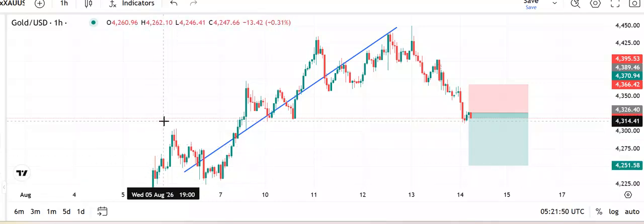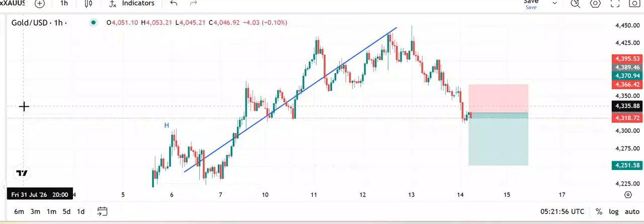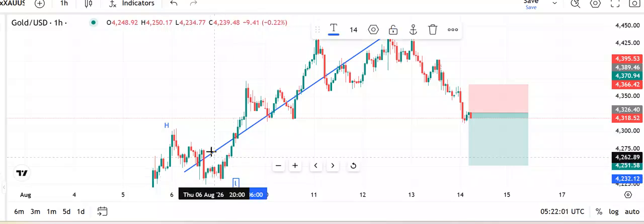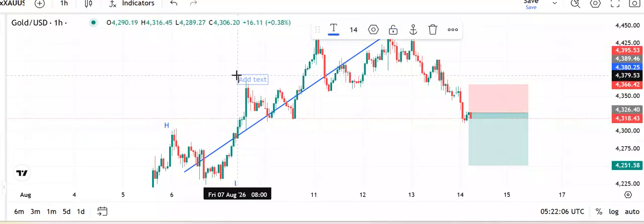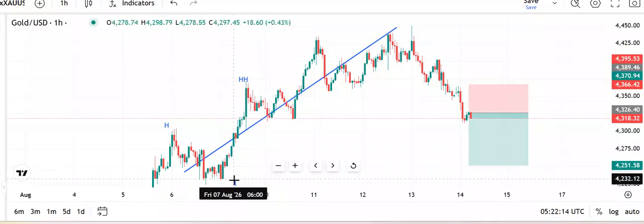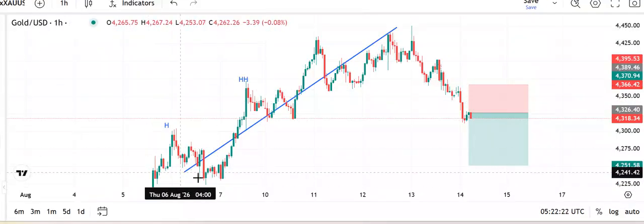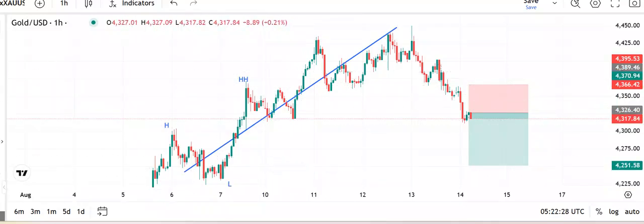Let's take this as a high. Take this as low. And this as higher high. And this as higher low.